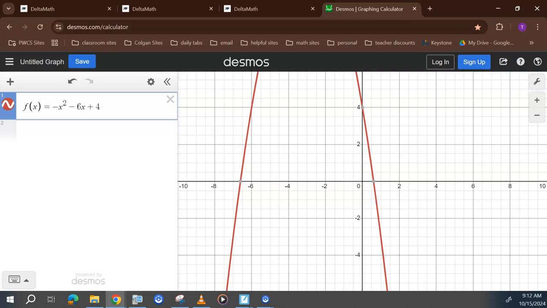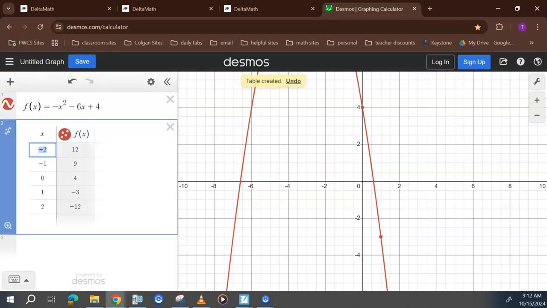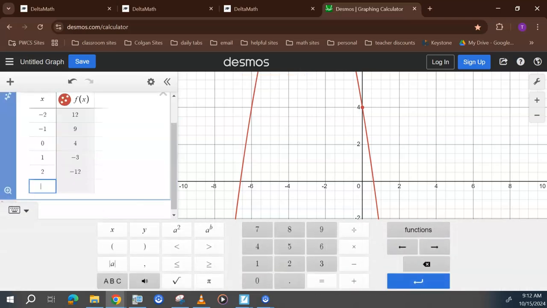So you can put it in as the f of x, you can put it in as y equals, you can not put that first part at all, it doesn't matter. And then make that into a table. It'll show you a certain amount of numbers, but you can keep putting in whatever numbers you want. So if I need negative 3 and that's not there, I can put that in and it'll do that for me. Same thing for anything else. You could keep going as much as you want.